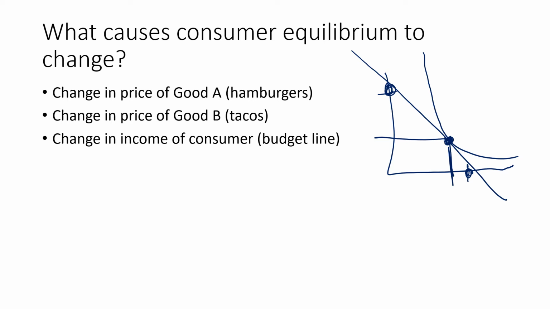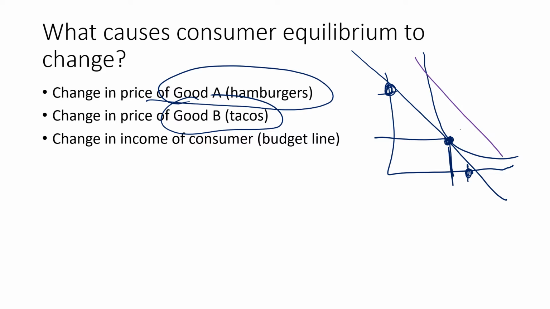This point can change as a result of the change in price of either of the products, hamburgers or tacos, and it can also change as a result of a change in the income of the consumer, which would be a shift in the budget line. Maybe the budget line shifts up, maybe the budget line shifts down. So let's take a look at how some of these things can happen.